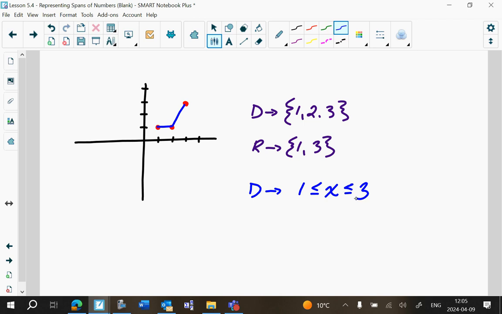What about interval? 1, comma 3, brackets. So either of those would be correct. Brackets mean you do include. Okay, good.